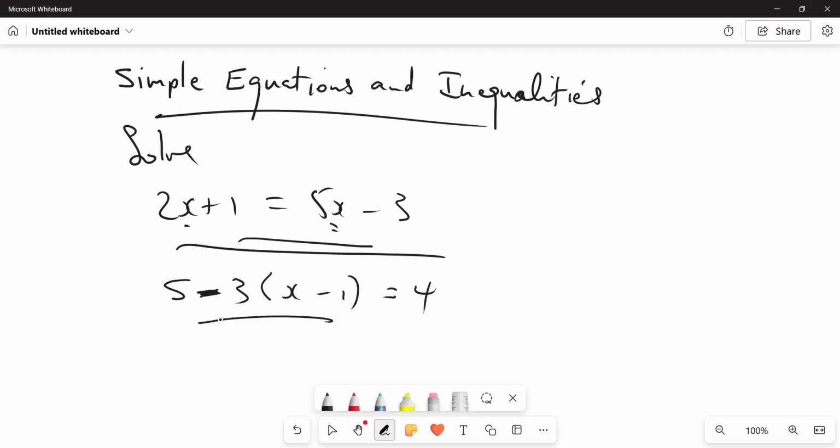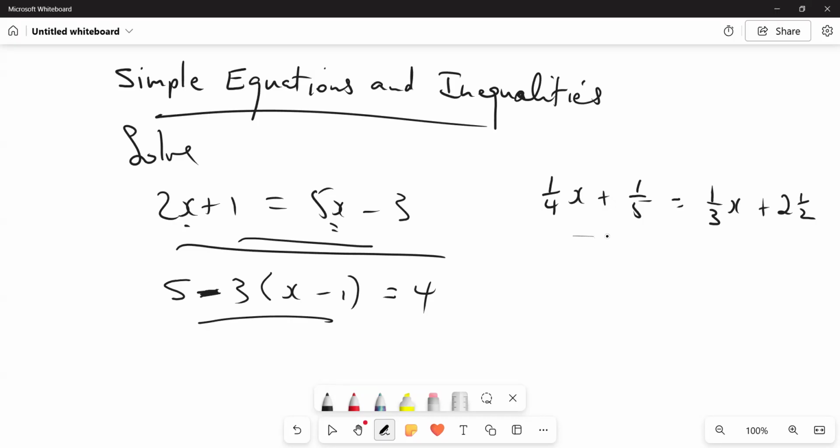You can have equations involving fractions too, something like that.